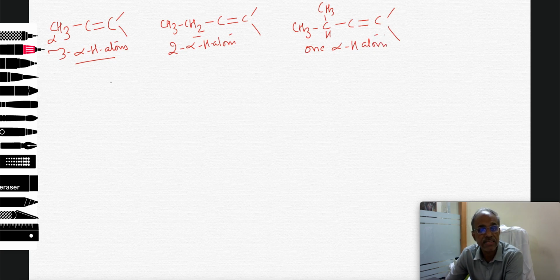So can I say the presence of a methyl group makes the compound more stable as compared to the presence of an ethyl group, as compared to a propyl group.